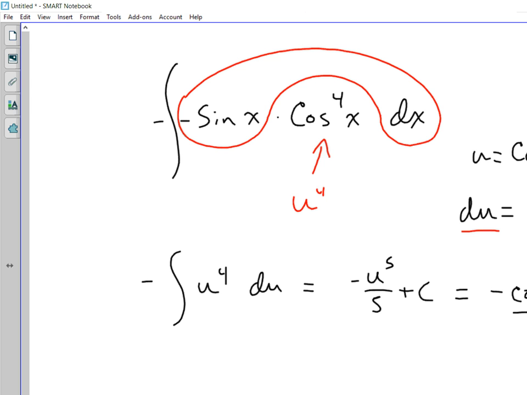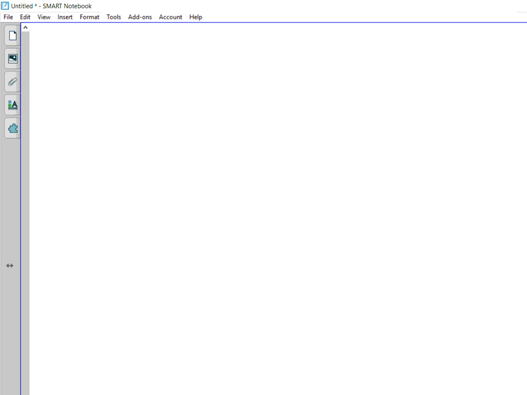That made life simple because that was part of my du. Well, now let's do something like sine to the third x cosine to the, say, fourth x.